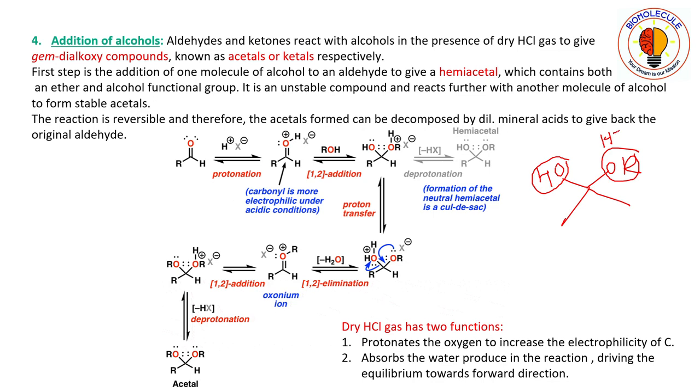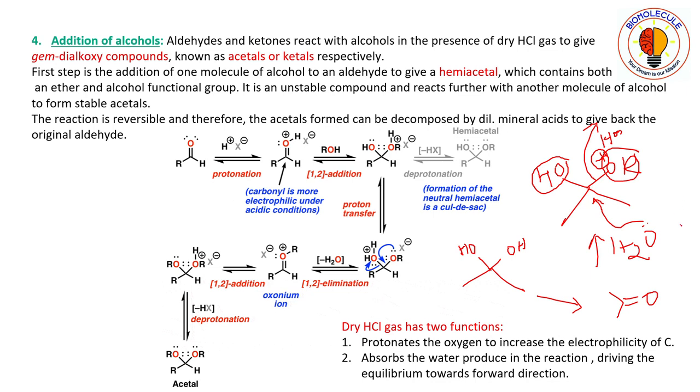Suppose the alkoxy group protonates, then water will attack and this alkoxy group leaves. So you are getting a diol, and diols are very unstable. It will readily lose one water molecule to give you back the aldehyde.